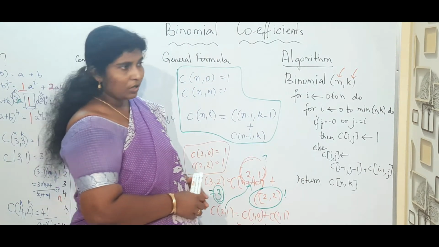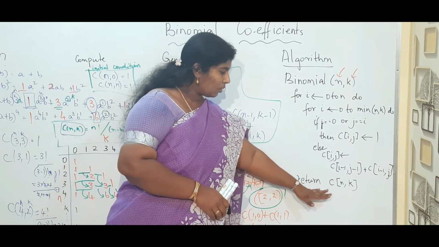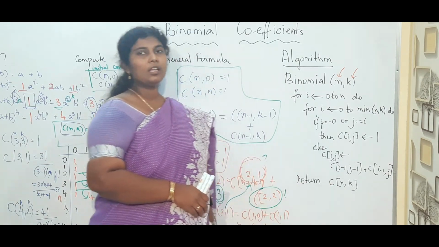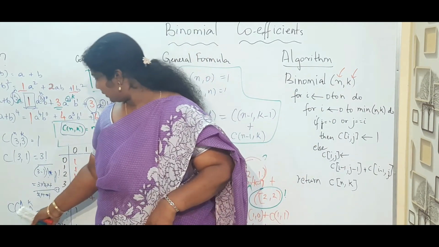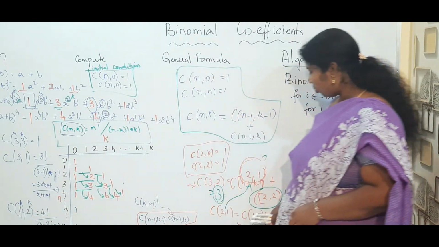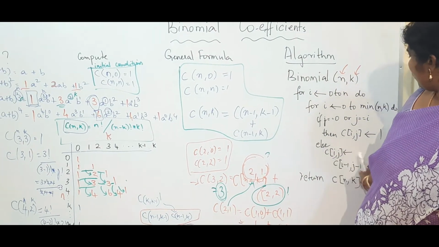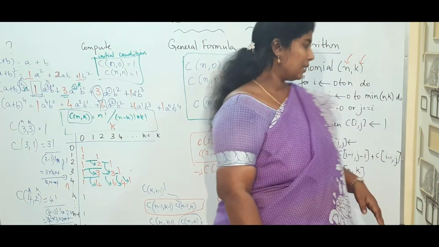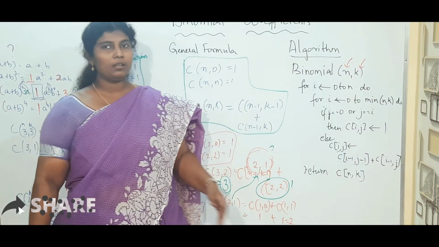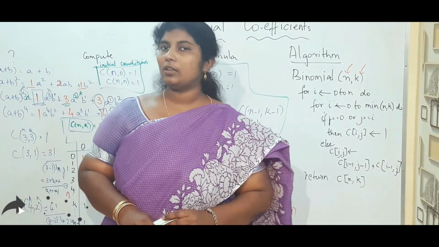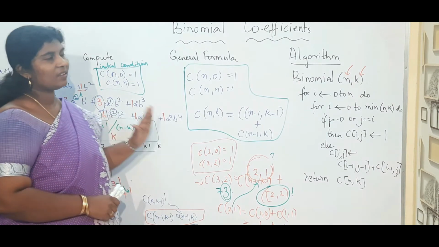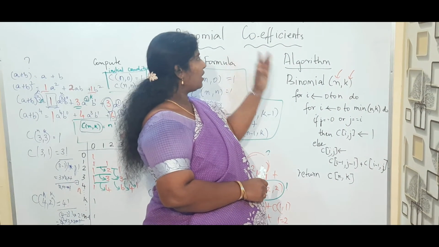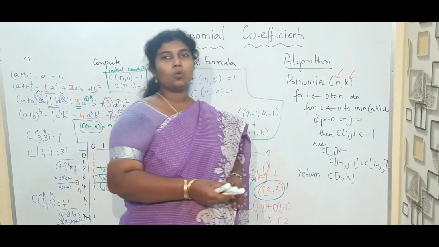Finally, we are going to return the value for this particular instance, what we have calculated and computed here. We are getting the solution at this point and giving it back as the solution. So this is a step-by-step way of computing the binomial coefficient.